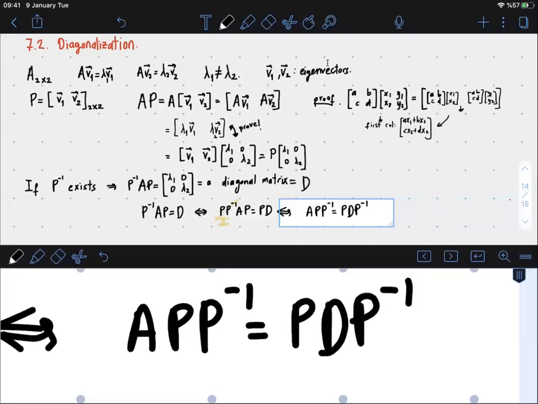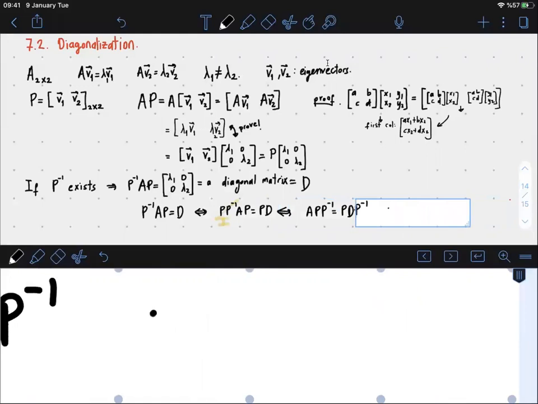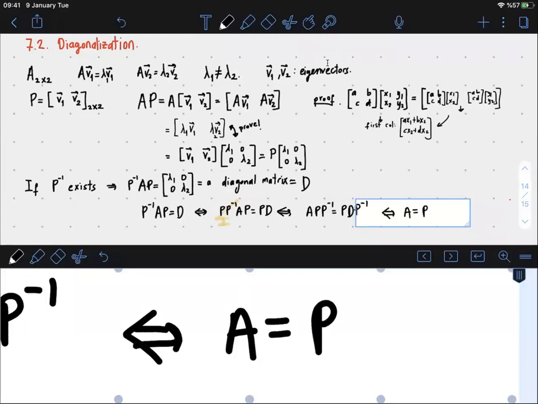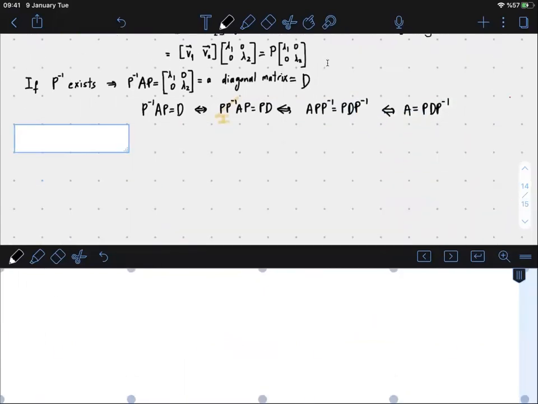I'm taking the product from the right, and this time I get that A is PD P inverse. Okay, so this is important.